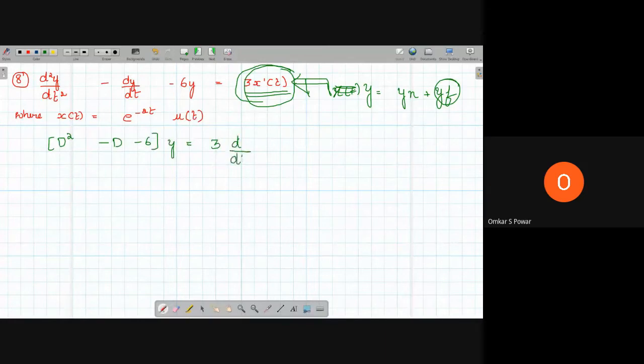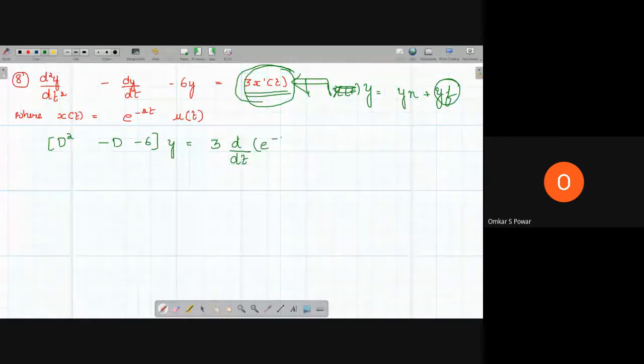So d by dt of e power minus 2 into u of t. That means it is for t greater than or equal to 0. Okay. So now if you solve this differentiation, e power minus 2t differentiates to minus 2 into e power minus 2t. Okay.